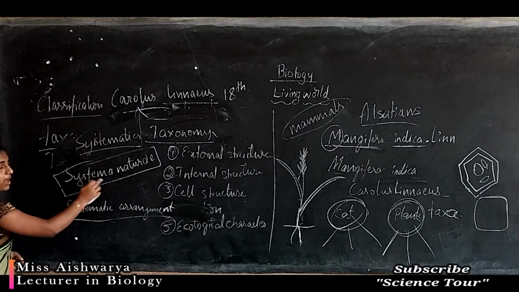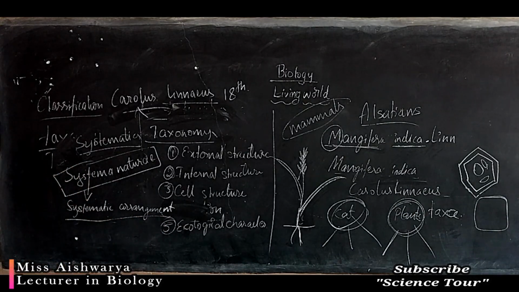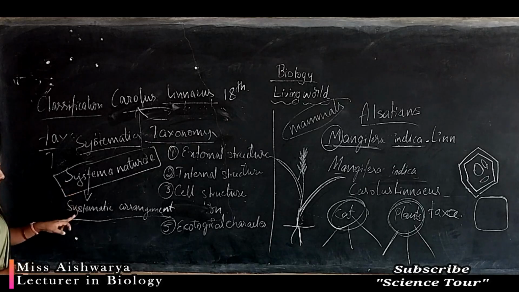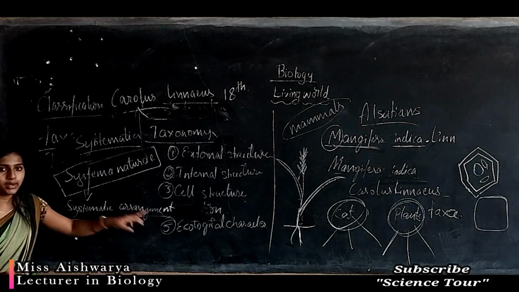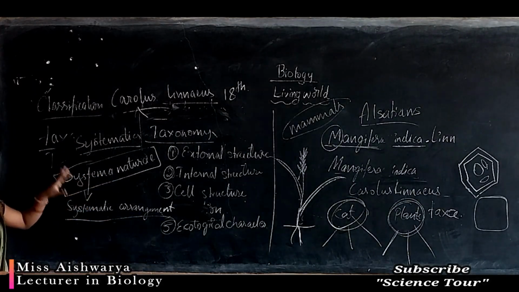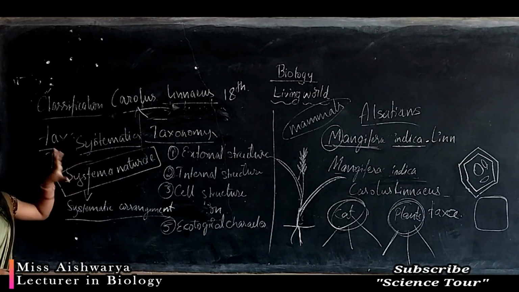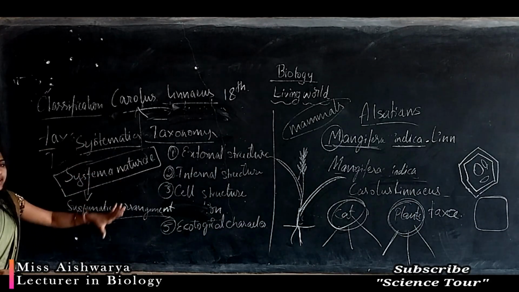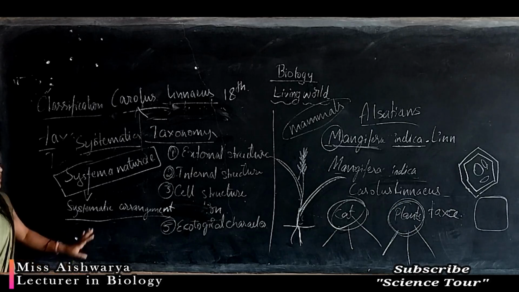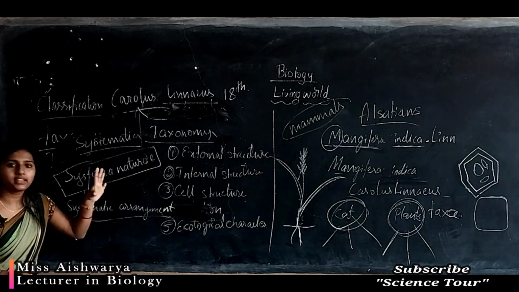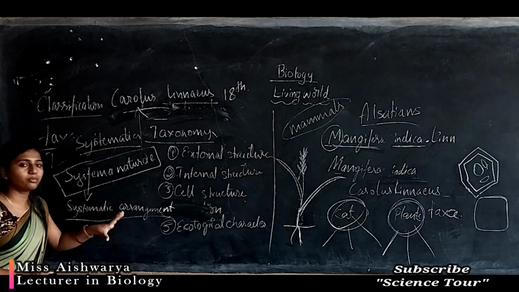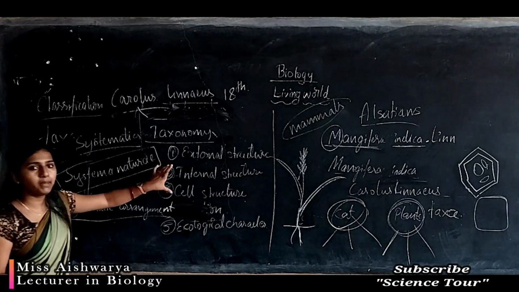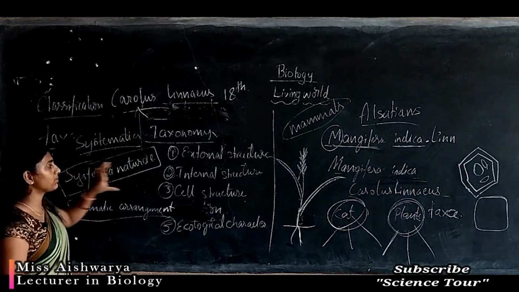Here the word systema is derived from the Latin word which means systematic arrangement. In his book he gave the complete detailed procedure of systematic arrangement of all the organisms and how to classify a particular organism. That is given in his publication, his book Systema Naturae.